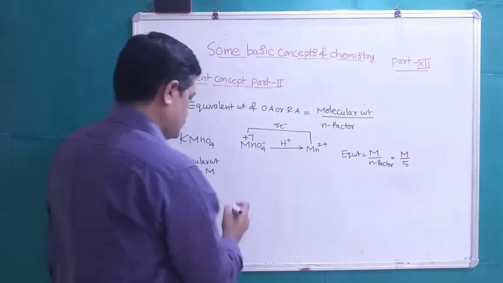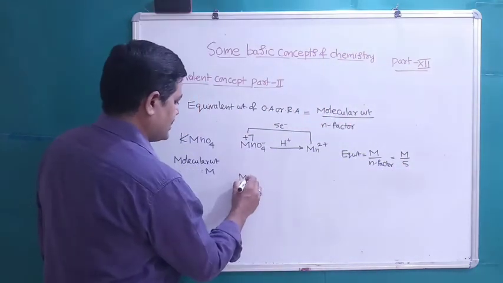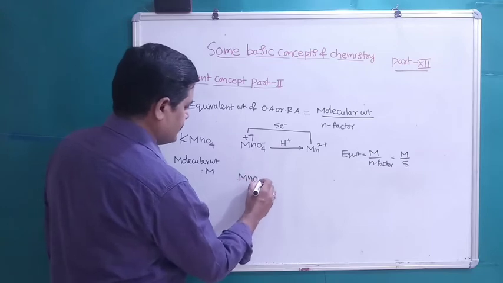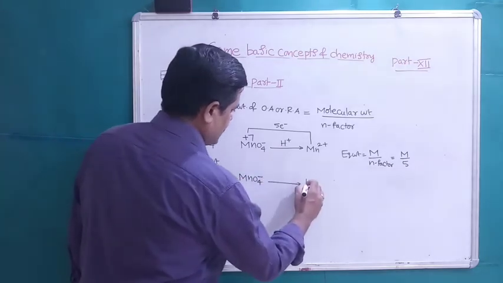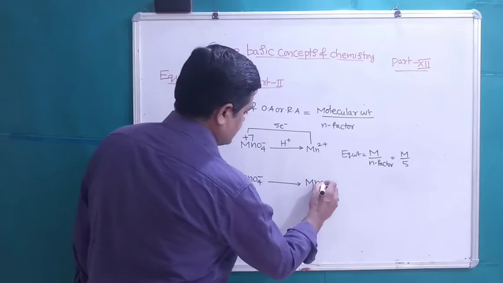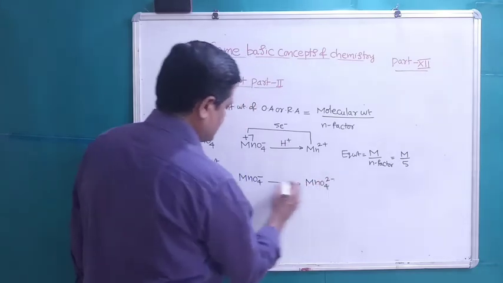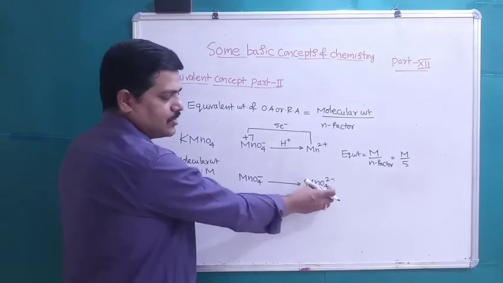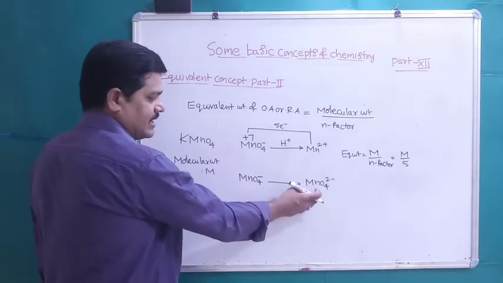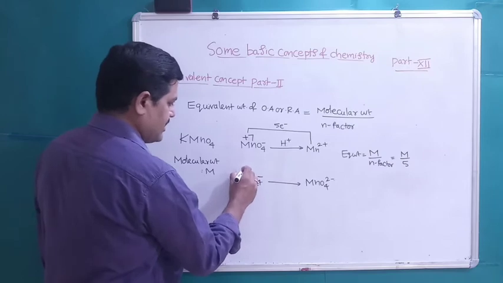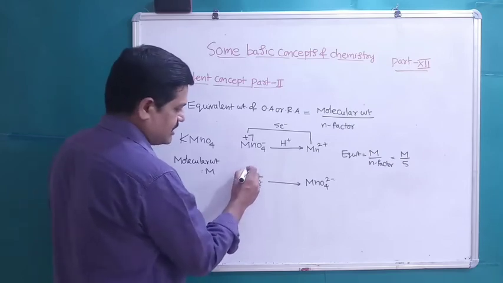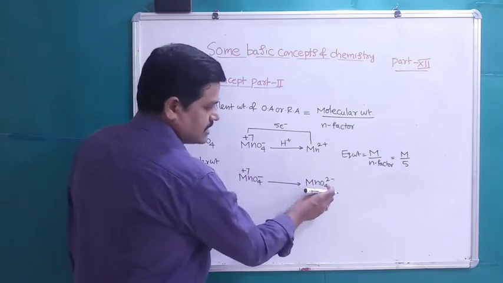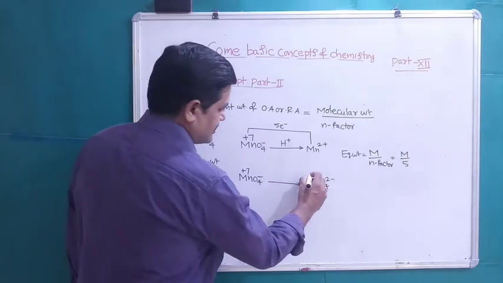Right? So the same permanganate in strongly alkaline medium will convert into manganate, MnO4 2 minus. MnO4 minus is called permanganate, MnO4 2 minus is called manganate. So the Mn oxidation state in permanganate is +7, in manganate it is +6.